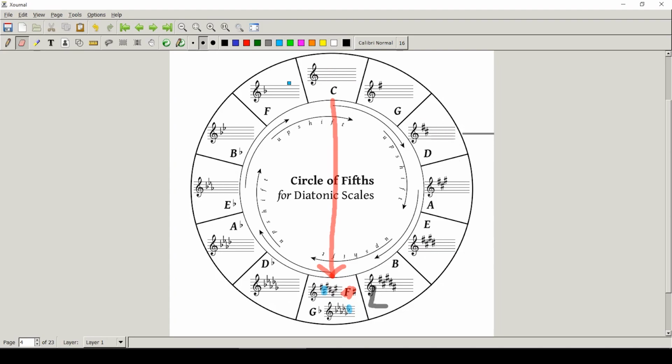In fact, that points to something that's really remarkably nice about the circle of fifths in general, which is that every possible modulation that you might want to make involves a unique type of upshift or downshift.